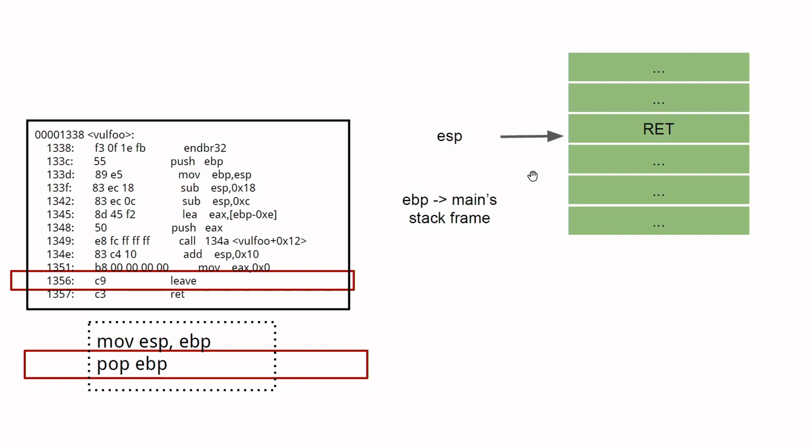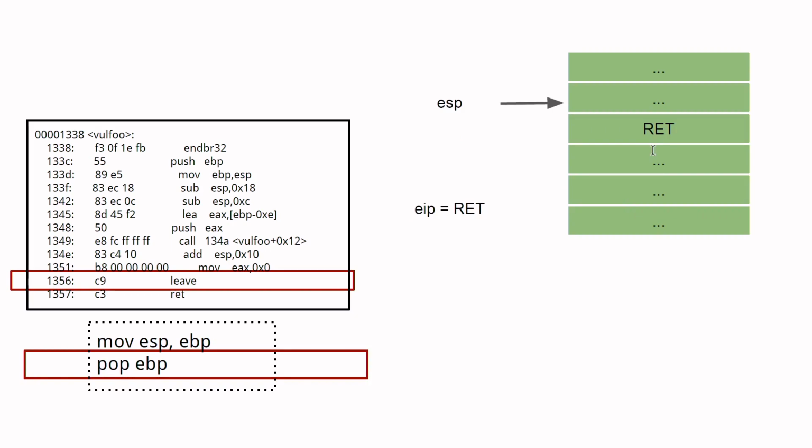Okay? So after this, because this is a pop, ESP will move up 4 bytes. So ESP doesn't point to the saved EBP anymore, and EBP will have whatever was stored here. Then after that, we are going to execute the return instruction.